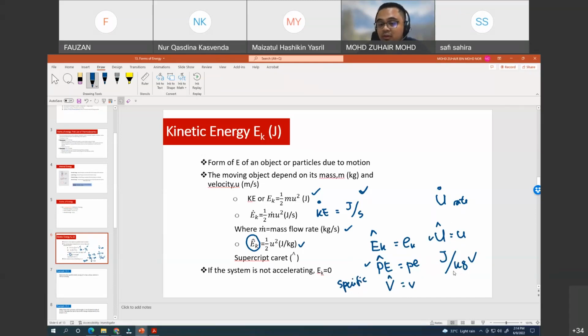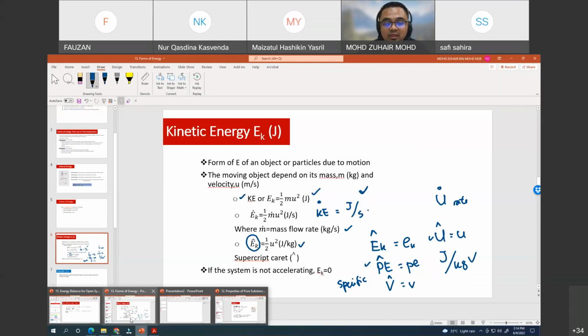So what you need to do, if the question asks about rate, you need to change from this unit to become this unit. Or if the question asks about just the normal kinetic energy, let's say, without any rate or any specific kinetic energy, then the answer will be in joule. Yeah, so this is something that you need to also be familiar with. Okay, so this is for the form of energy.